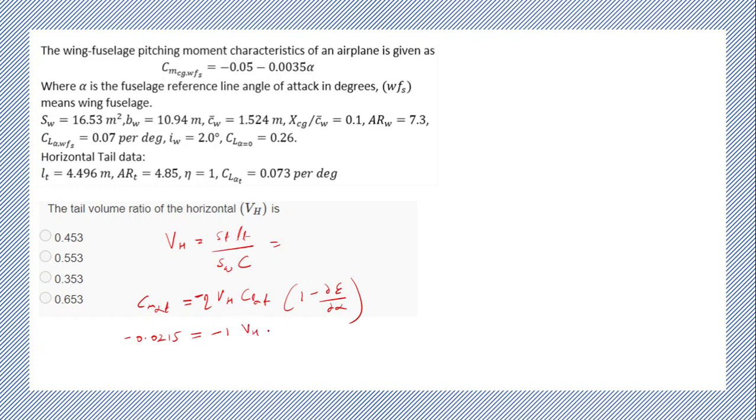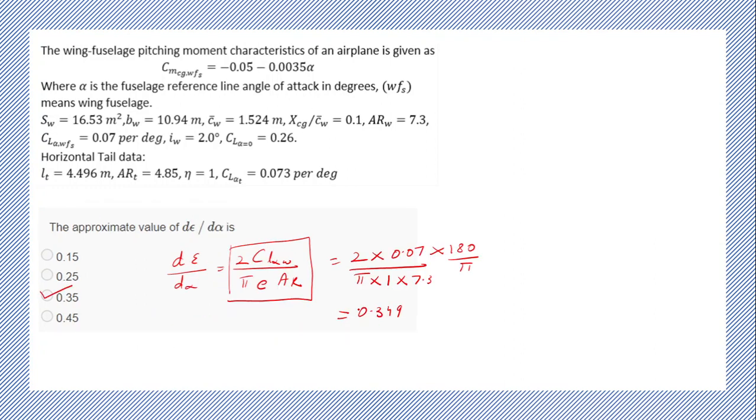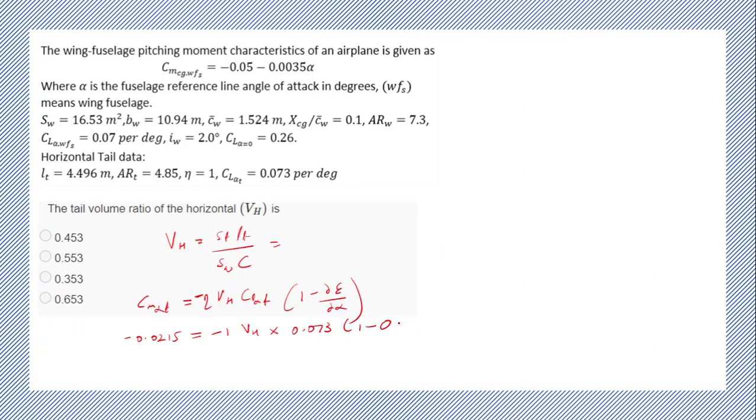VH is what we have to find out. Cl alpha tail. We have calculated this in the previous thing, that is 0.35. Your Cm alpha tail is also in per degrees, right?